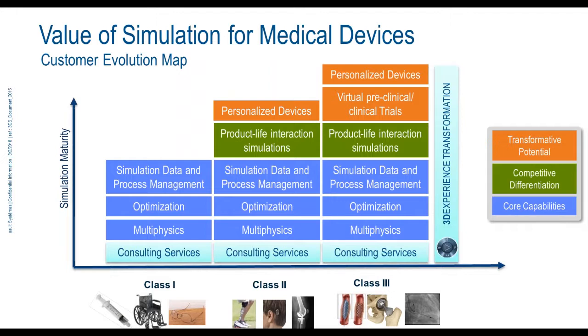This ability to simulate what we call product life interaction will eventually open the door to virtual preclinical or clinical trials, or at least the ability to improve the design of clinical trials so that we can reduce the chances of failure or better understand the patient populations for which a particular device might be more effective. Product life interaction simulations then also open the door for personalization, where a device can be designed to match an individual's characteristics. But this is really the transformative potential of VHM that we will now discuss.